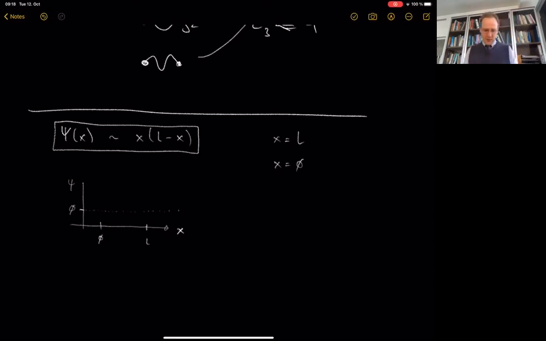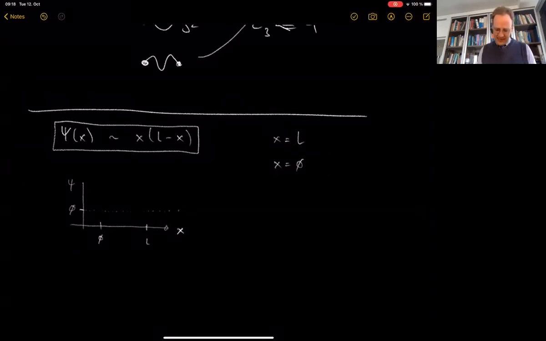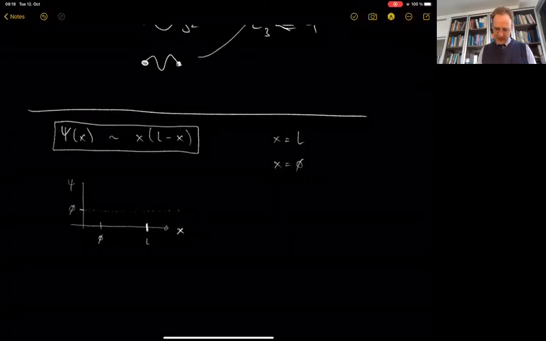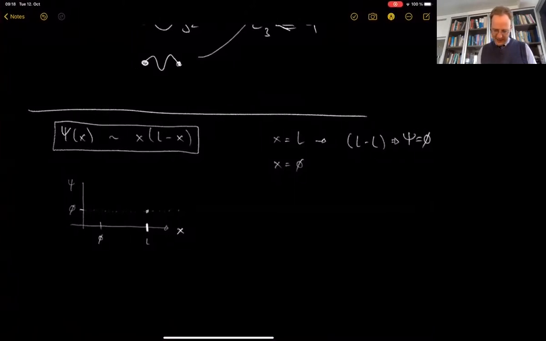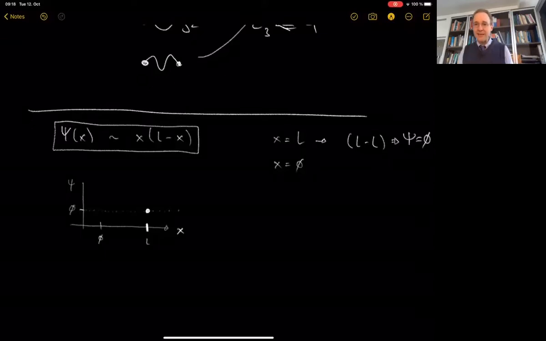And it's important to first look at what that means. So if you set your x equals L, right? So I did a little drawing here. So if your x is here for L, and you substitute it, then in your bracket you have L minus L, and that means that your psi is going to be 0, right? So for x equals L, your psi is 0.